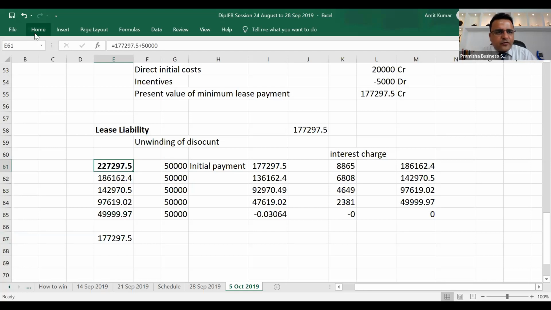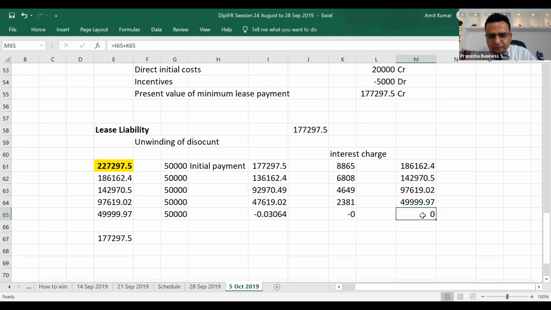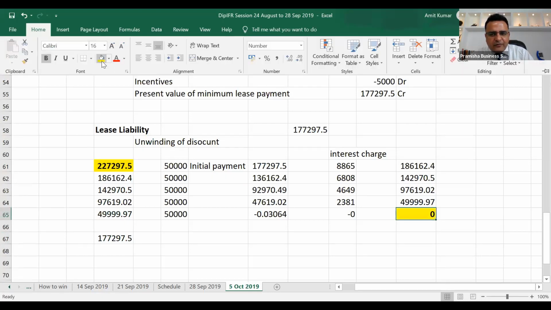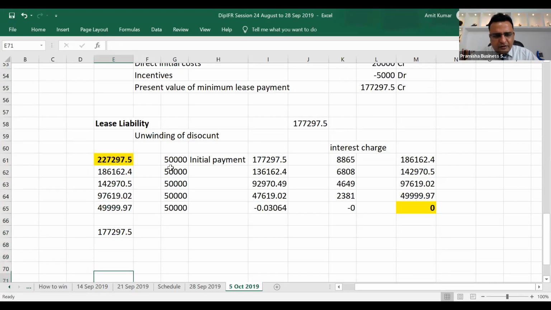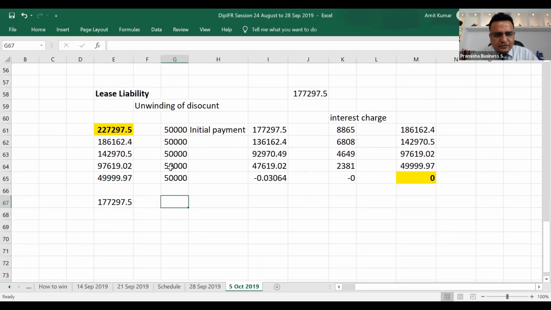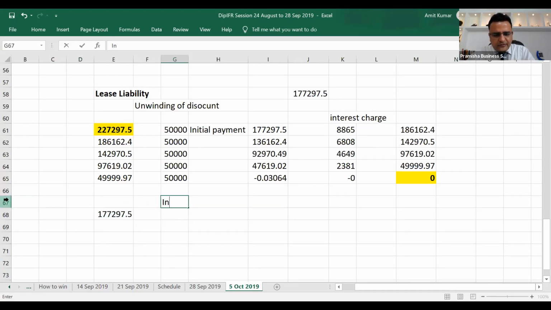The total liability is 227, which is to be reduced over a period of 5 years to 0. So if I take the total liability, I have to begin it by reducing 50,000 at the beginning of the year. But if I take only the present value of the lease liability for calculating the interest, this is the liability which is to be recorded. The interest component on it will be 5%. Interest component.